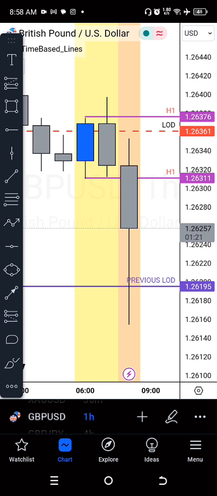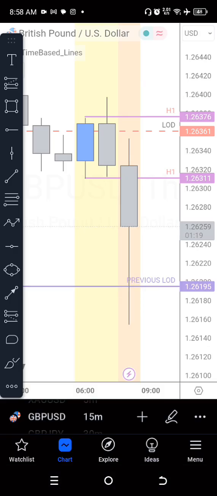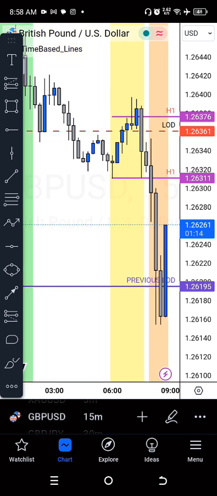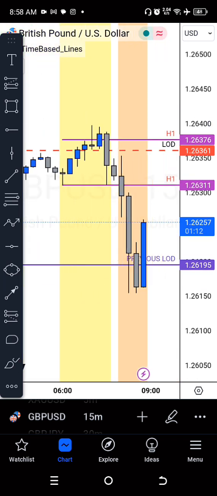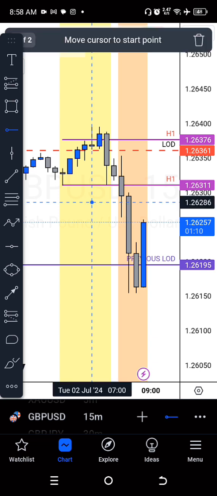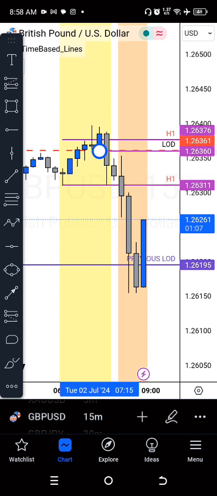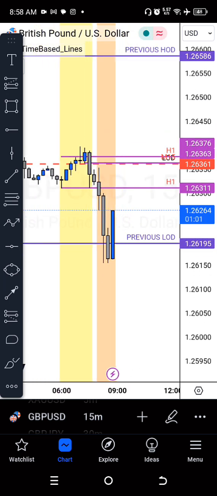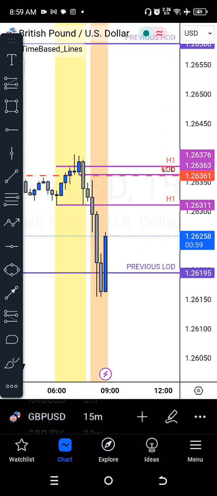So let me go to the 15 minutes time frame. This is the M15 that has not been used. If, for example, it's according to our plan, with this M15 that has not been used, I'll be expecting the market to come back to this M15.